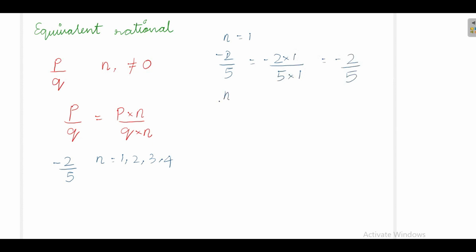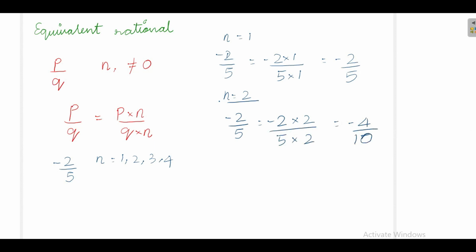When n is equal to 2, then you have minus 2 by 5 equal to minus 2 into 2 by 5 into 2. This is nothing but minus 4 by 10.